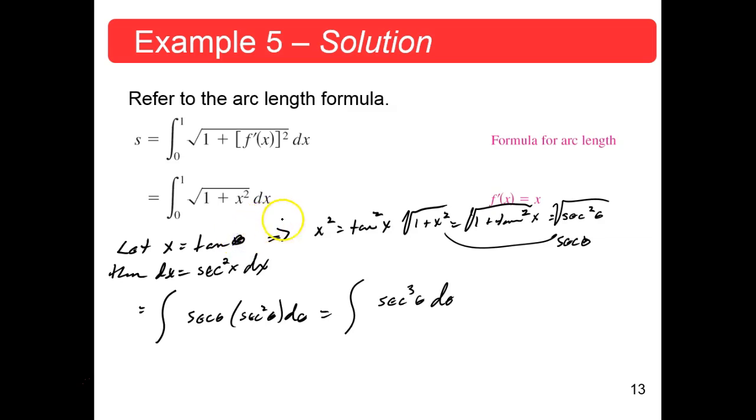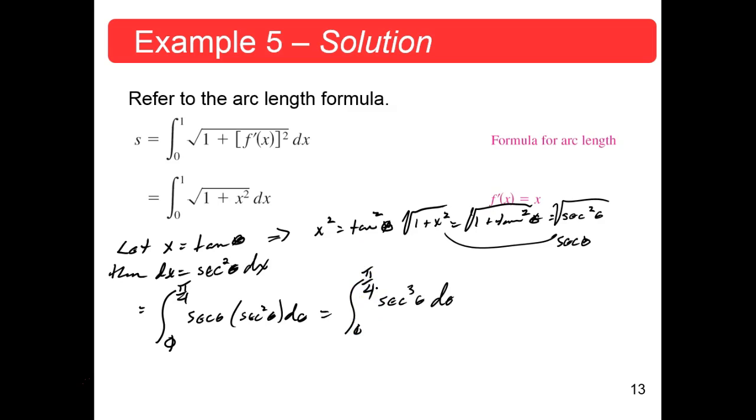Y'all are letting me do all sorts of messy things here. These are thetas. I finally got the theta there, and this is a theta here. Okay. When x is equal to 0, what is theta? 0. Okay. When x is equal to 1, what's theta? Pi fourths. So 0 to pi fourths.